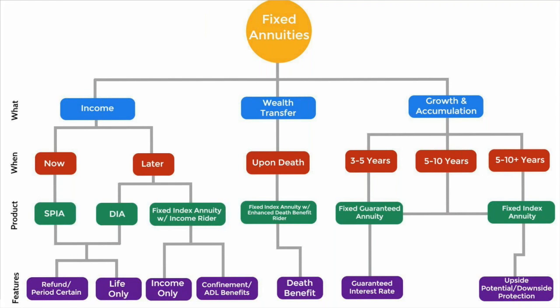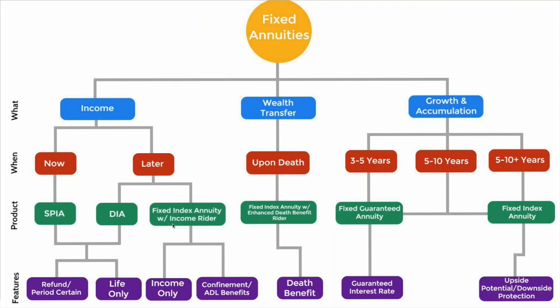So if your client says, I need income, the follow-up question is, well, do you need income now or later? And if they say now, you're going to follow the path and you're going to talk about a single premium immediate annuity. And if your client says, I need income later, you want to follow up and say, well, when do you think you're going to need it? Because we really need to narrow that down. Do they need it in 3 years, 5 years, 10 years? Regardless of what the answer is, you are always going to talk about an indexed annuity with an income rider.